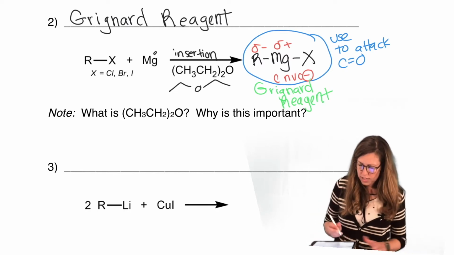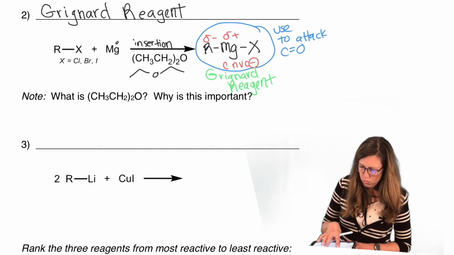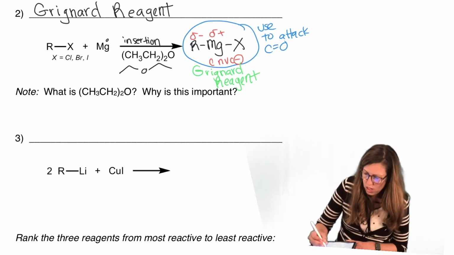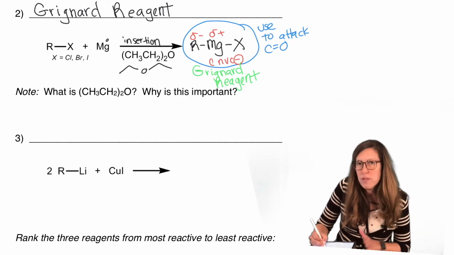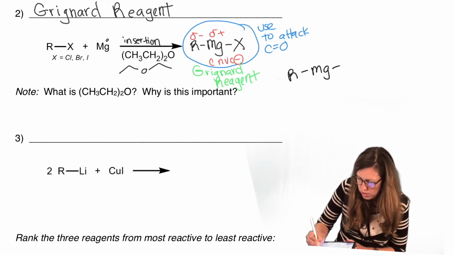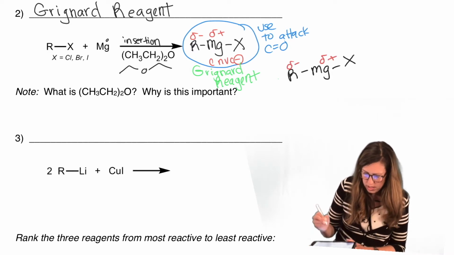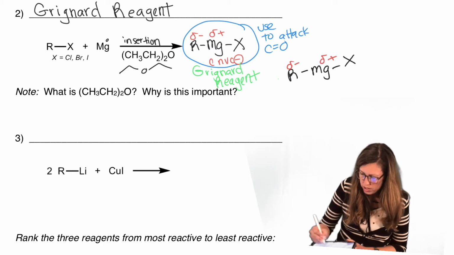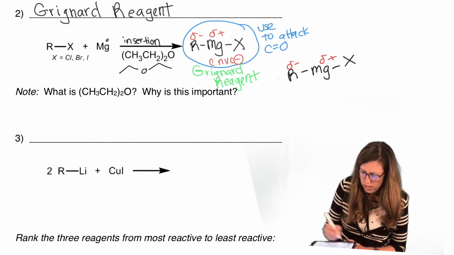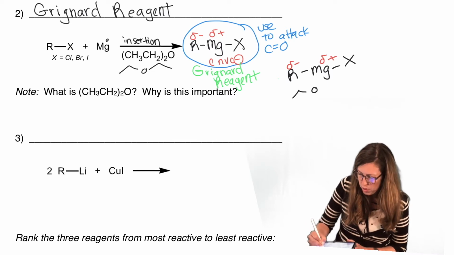Okay, so back to that solvent. What's going on there? We have a reactive carbon, and we don't want it to react too soon. Notice that delta minus is on carbon, delta plus is here. So you can actually stabilize that reagent with the solvent nearby. It's important it's not protic, and we'll get to that soon.